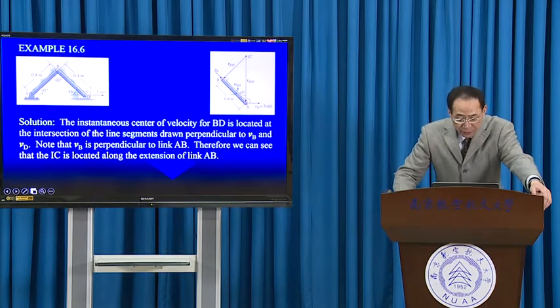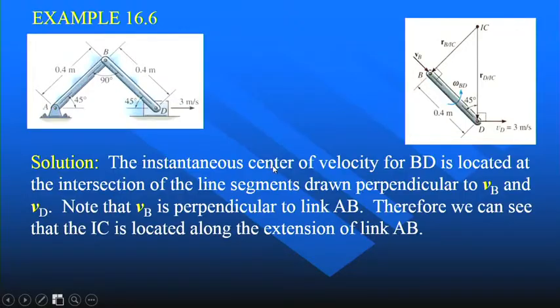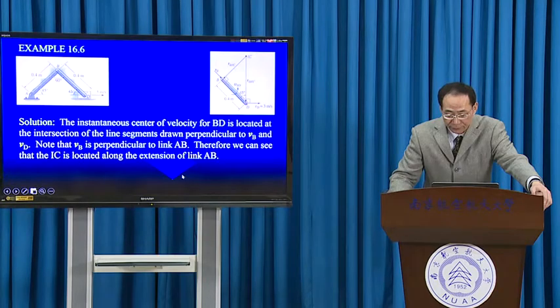The instantaneous center of velocity for BD is located at the intersection of the lines drawn perpendicular to VB and VD. Now that VB is perpendicular to linkage AB, we can see that the IC is located along the extension of linkage AB. Right?